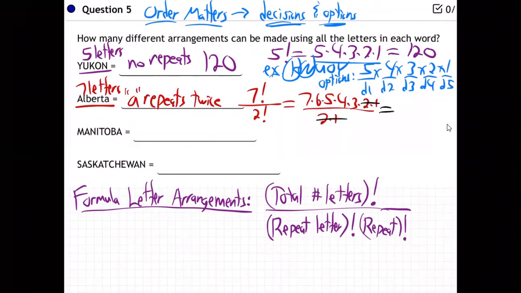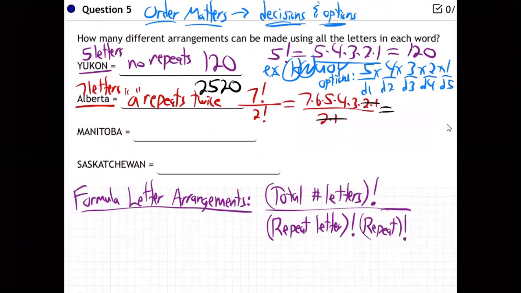And so it's just 7 times 6, 5, 4, 3. And I'm getting 2,520 when I multiply those together. Does that make sense? So when you have repeats, you've got to divide by that factorial for the repeats.